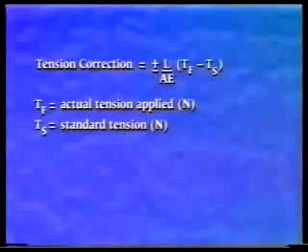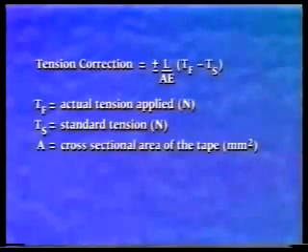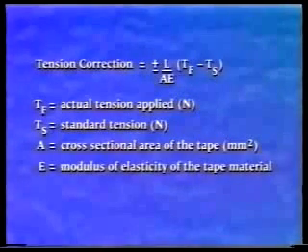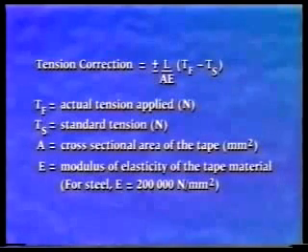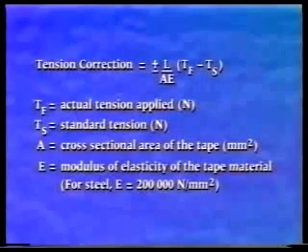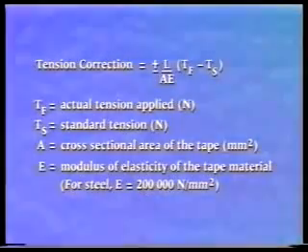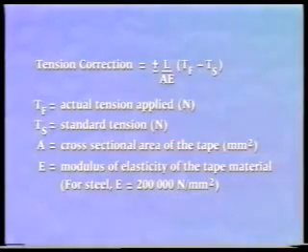For a line measured as L, this is given by L multiplied by (TF minus TS) divided by AE, where TF is the actual tension applied to the tape, TS is the tension at which the tape was calibrated, A is the cross-sectional area of the tape, and E is the modulus of elasticity of the tape material, a typical value for steel being 200,000 newtons per square millimeter. The tension correction can be positive or negative depending on the values of TF and TS.